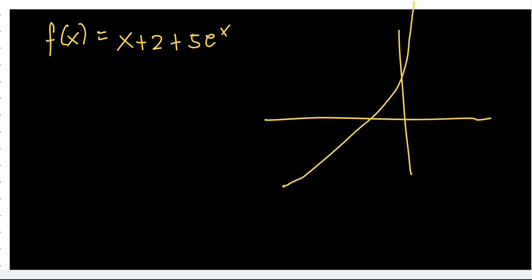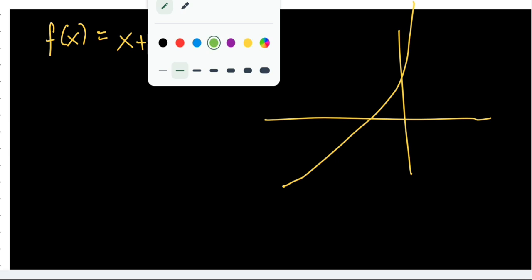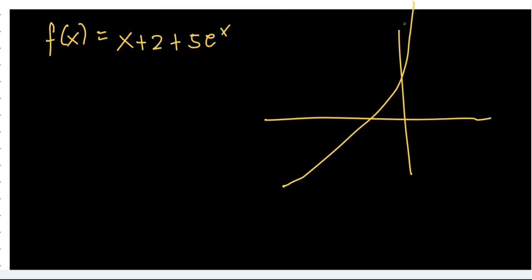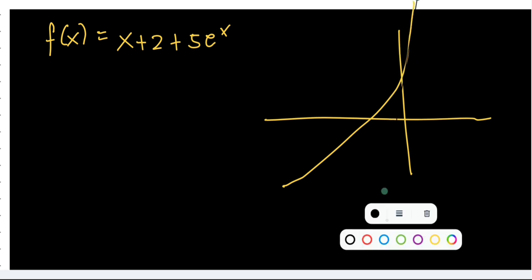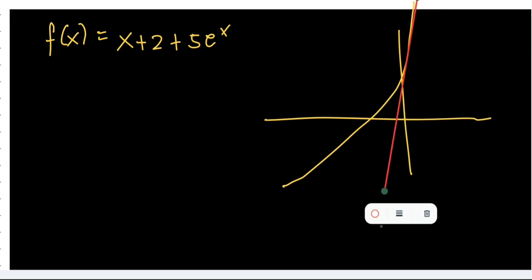So a tangent line can be a straight line, somewhere here. It says tangent at 0, 7. So maybe here, this one is 7. So this is 0, 7.